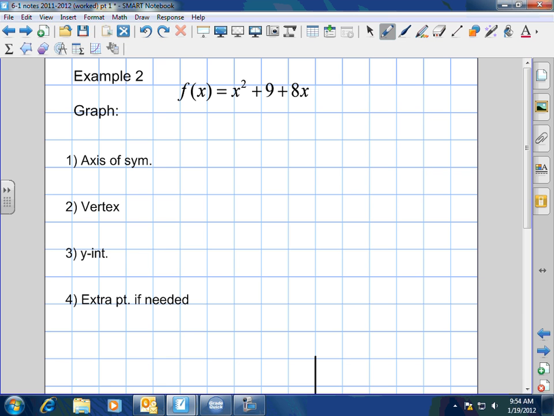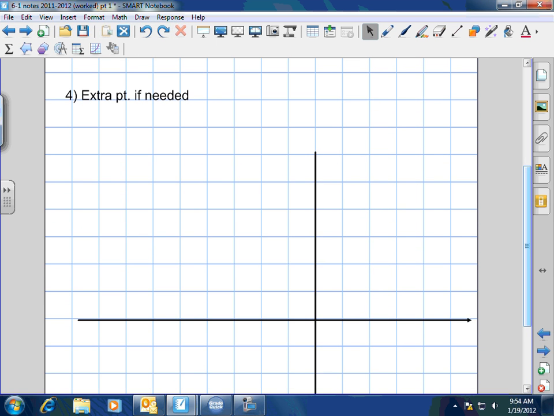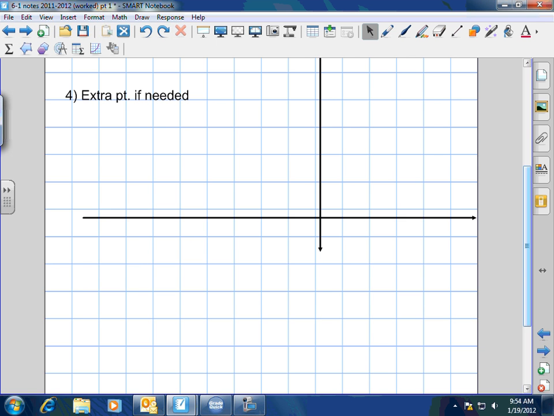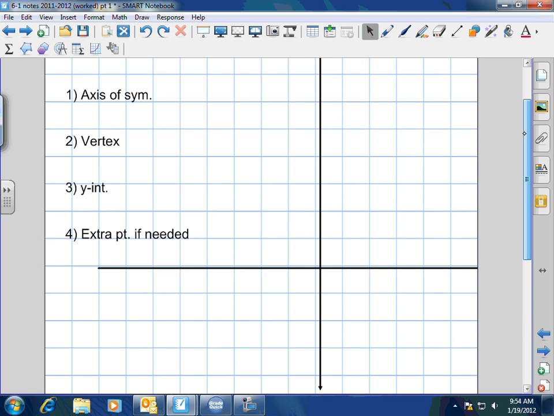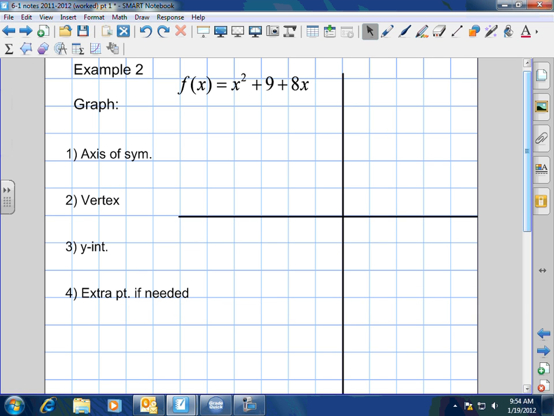I've got to graph f of x equals x squared plus 9 plus 8x. Let me go ahead and move these guys up so that we can see it all together. Very good, son.